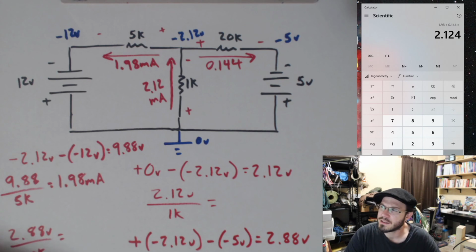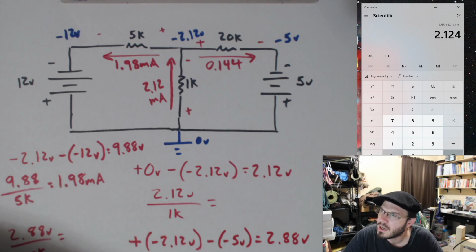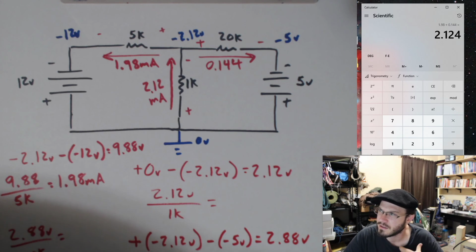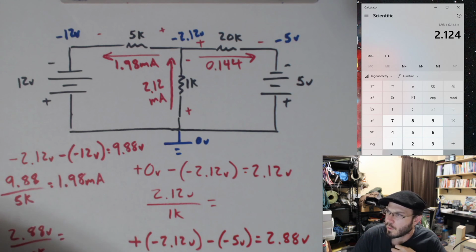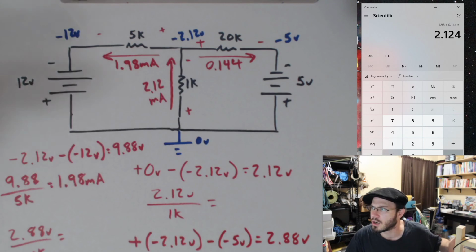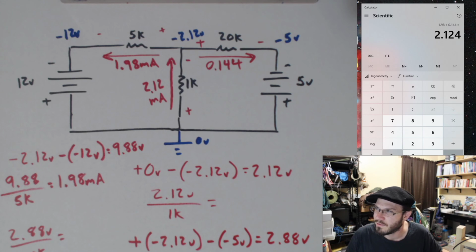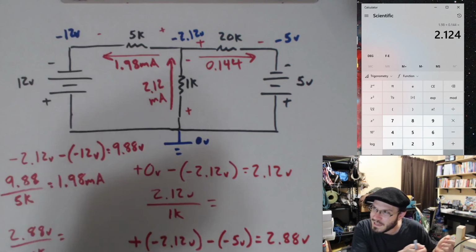We applied mesh analysis, and it was easier than just using your basic rules, because you didn't have to think as much about parallel, series, combining resistances. So it was more of a procedural approach to finding it, which makes sense. Mesh analysis and nodal analysis are more programmatic and procedural than all of our earlier basic rules, because when you're solving a big circuit using just basic fundamental rules, there's no one guiding you along the way.